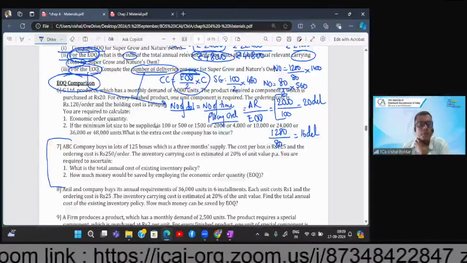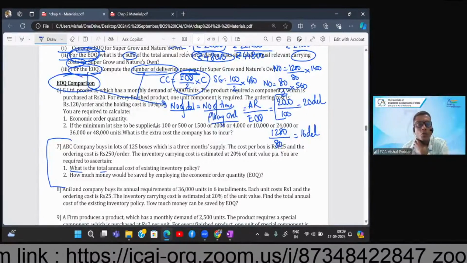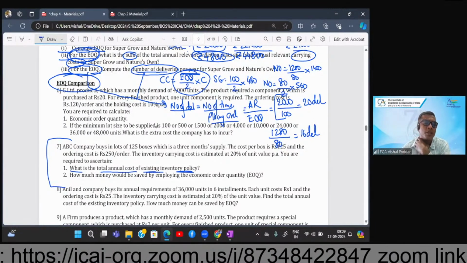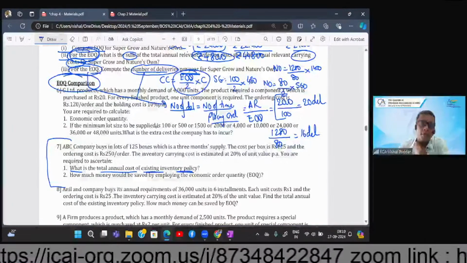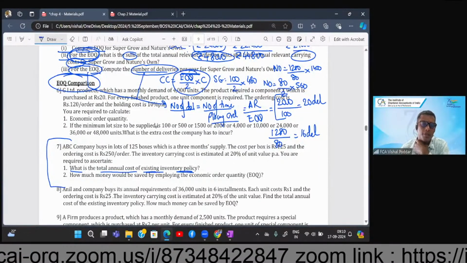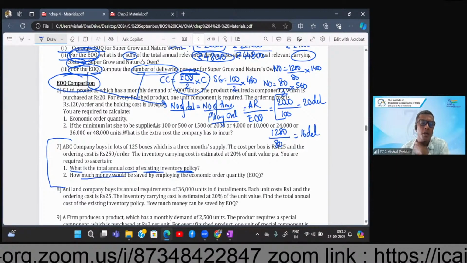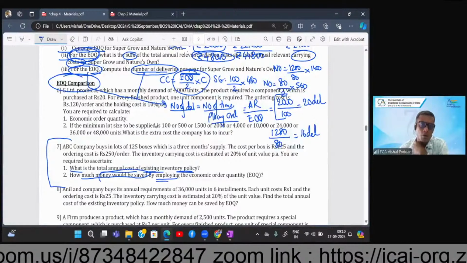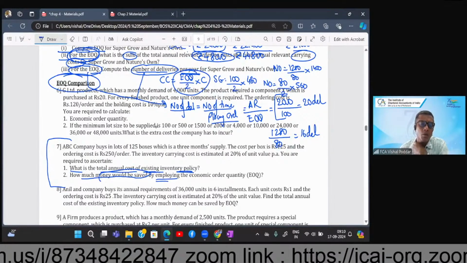You are asked to find out the total annual cost of the existing policy. What is the existing policy? What they are buying presently before you advise them to do EOQ. And then secondly, you have to tell them how much money they will be saving if they start using your EOQ philosophy, which you have advocated to them. How will this happen?